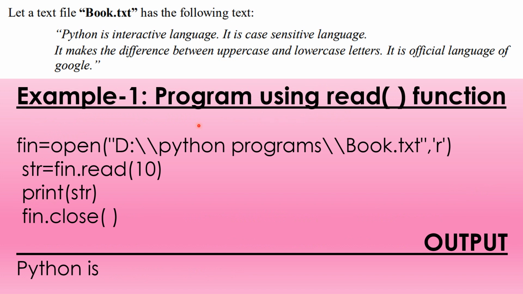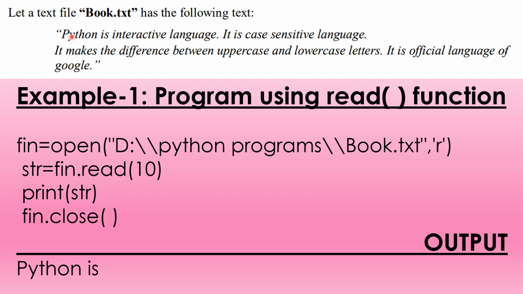Now let us see where n is specified. Here is a program with the read function where n is specified. Here we have opened the file, then we have used str, then we are using the read function, and here we have specified the value of n, that is 10. So it will read up to 10 bytes.